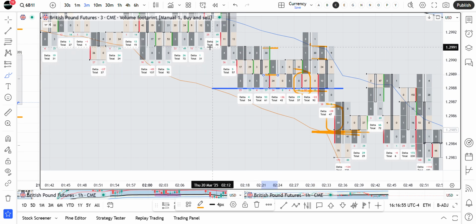So in this level, I'm going to show you something cool real quick. If you just look at these two levels over this, what is it, 15 minutes? It's 3, 6, 9, 12, 15, not counting this last candle.